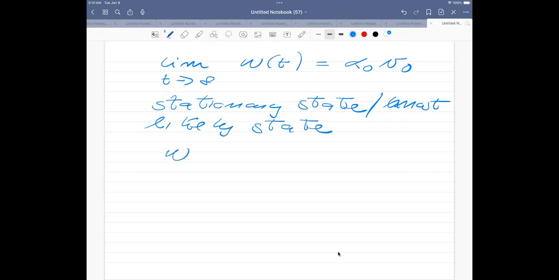So that means that at w of t, when we have the limit of t goes to infinity, we reach a state which is time independent.